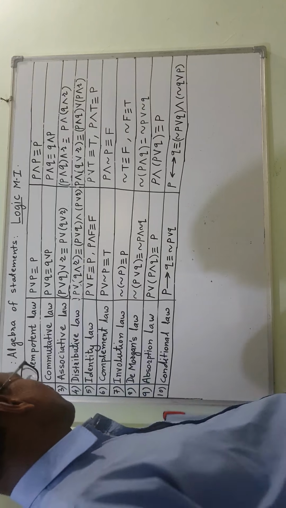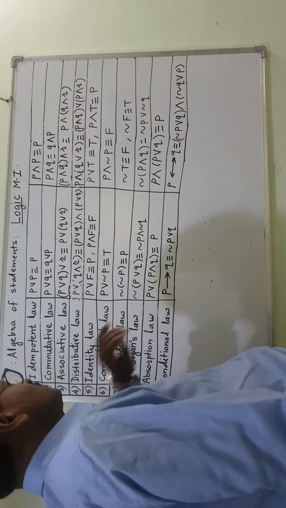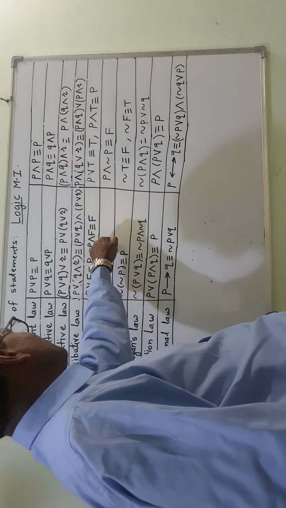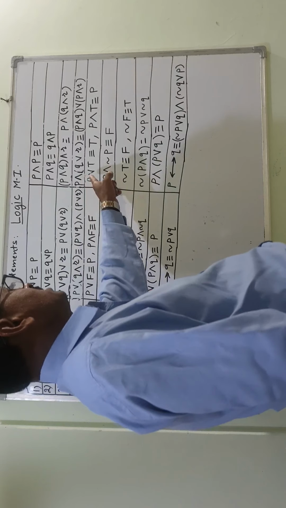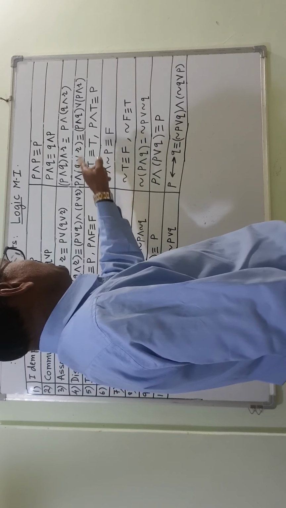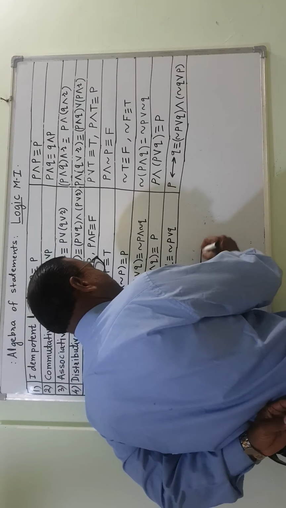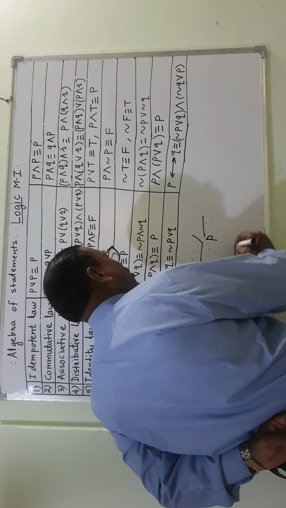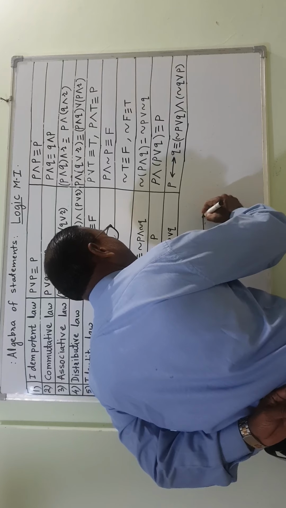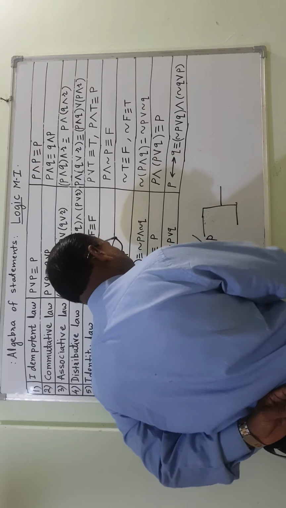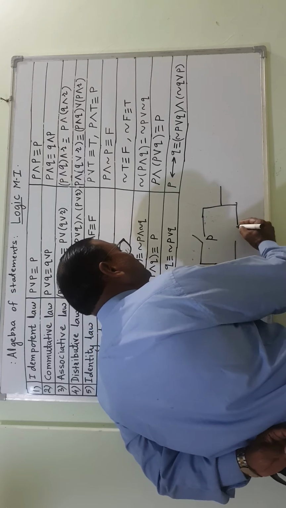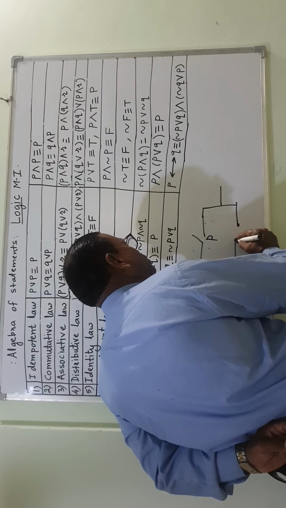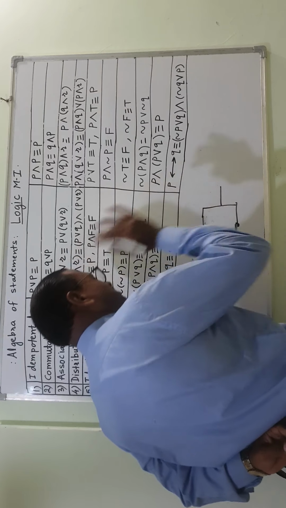Okay. Now we have completed this. Similarly, we will do this. P or T. This is P switch. This is or T. Now T means it is always true. Always true means this switch is totally fixed like this. It is always true.